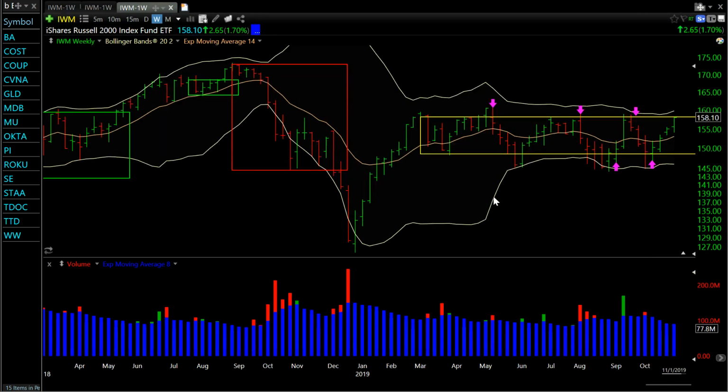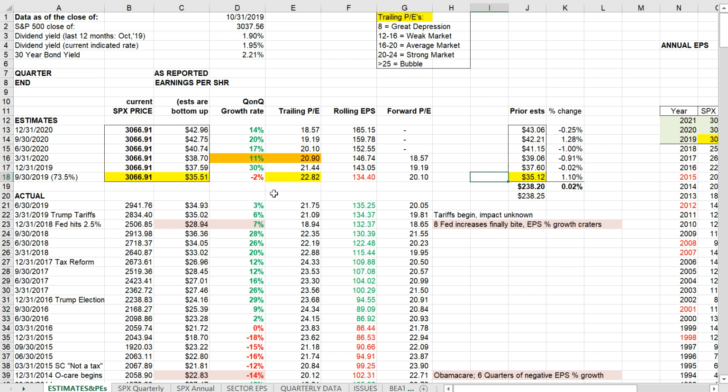The Russell 2000 is in a Darvas box, but very close to breaking out. So in my opinion, the market's getting ready to fire on all cylinders. One reason I look at this fundamental data is to see whether it is in sync with that price action. And the good news is I can say yes, it is.